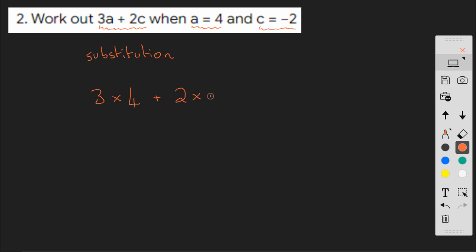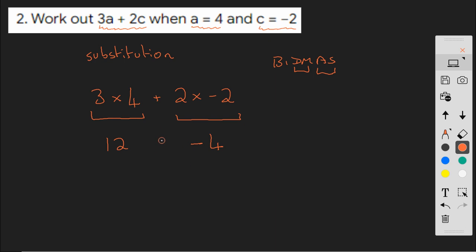So our BIDMAS rules tell us to do the multiplication here before the adding. We do our division and multiplication before our adding and subtracting. So we're going to do 3 times 4, which is 12. We've got 2 times negative 2, so that's negative 4.